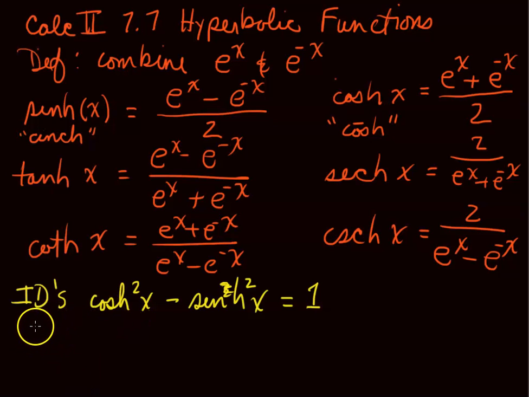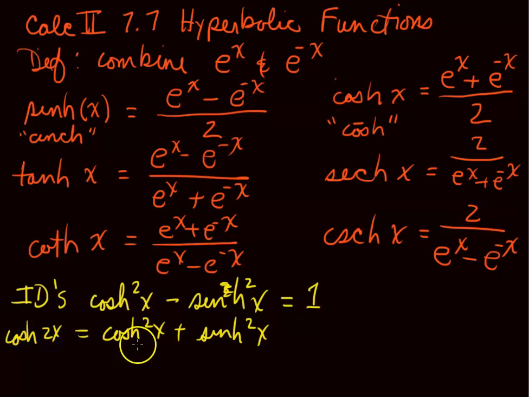The cosh squared x plus sinh squared x is the cosh of 2x. So these have switched essentially.